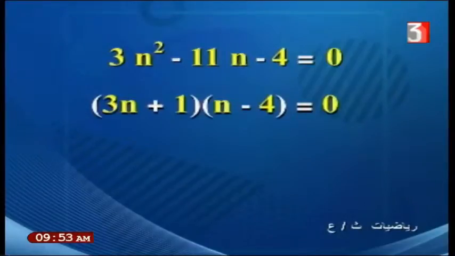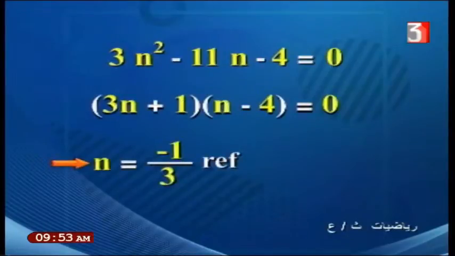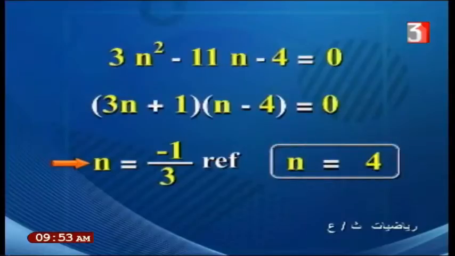Then, by using factorization, we find n equals negative one third or n equals 4. But n equals negative one third is refused. N must belong to the positive numbers. Then, my dear student, n in this case equals 4.